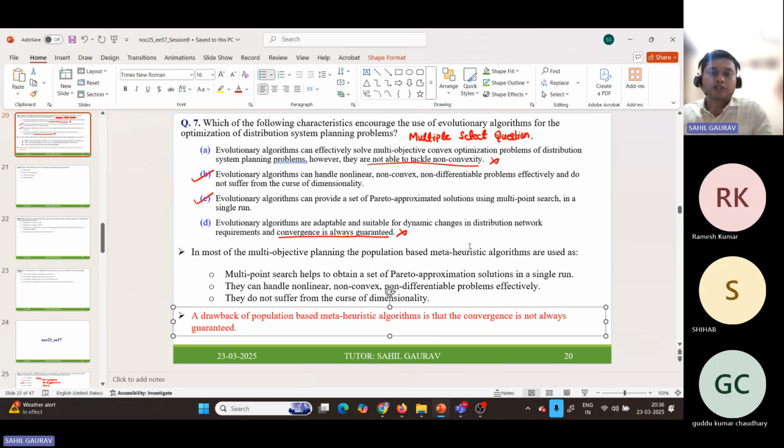So in place of meta-heuristic algorithms, you can place evolutionary algorithms, then it will be clear.